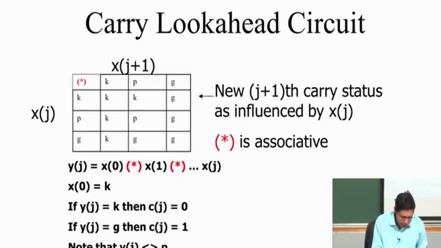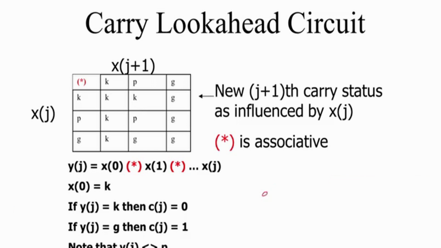For example, A star B star C is equal to A star B star C, correct? Let us put arbitrary values for A, B and C. Just tell me some random values.